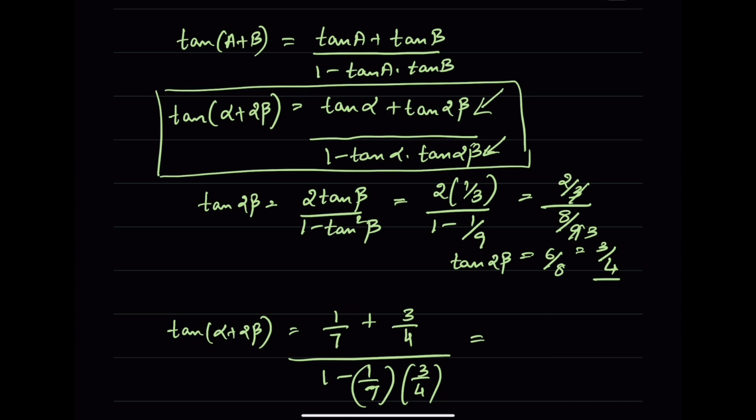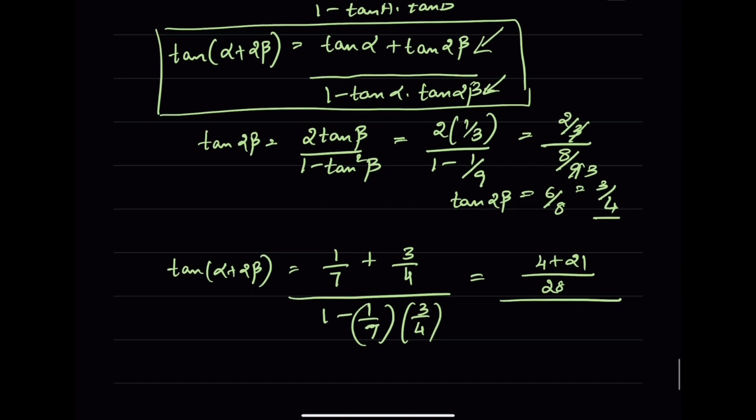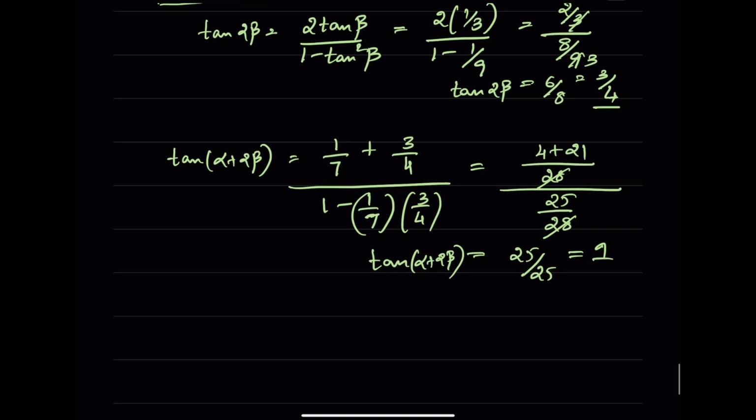So this will be, common denominator is 28, 4 plus 21, whole thing divided by 28 minus 3, 25 by 28. So we can cancel this out. This will be 25 by 25, which is equal to 1. So tan of alpha plus 2 beta is equal to 1. That means alpha plus 2 beta is equal to pi by 4.